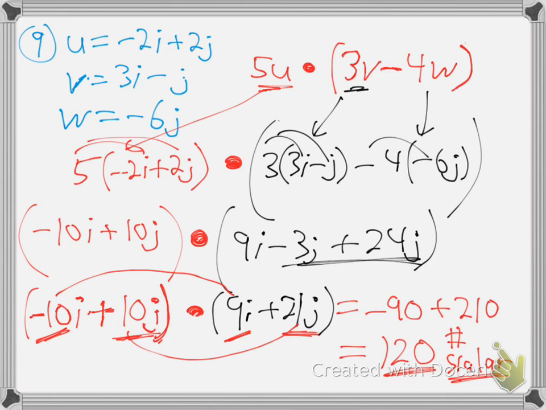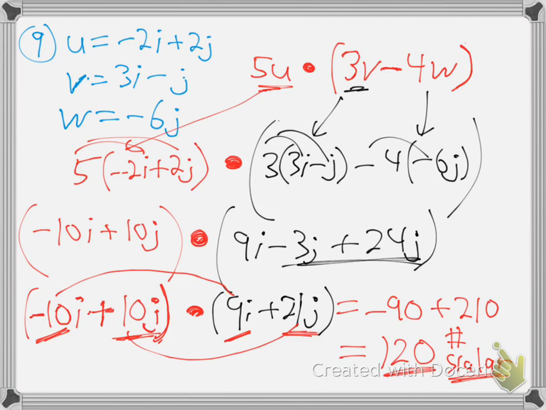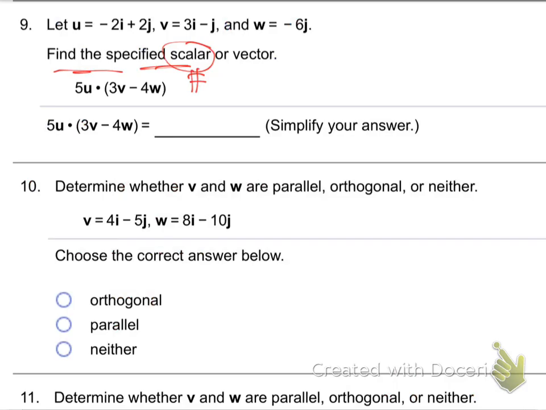The way you'll see it here, they'll say, find the specified scalar. And you might wonder, what do they mean, number or vector? They mean is it going to come out a number or is it going to come out a vector? It comes out a number. A scalar, they call it. Which just means a number. Not a vector. It's no longer ij, in other words. Good? Questions? We good? All right, I'm going to move on.